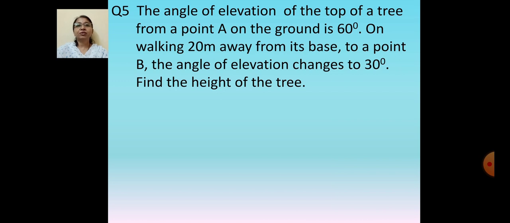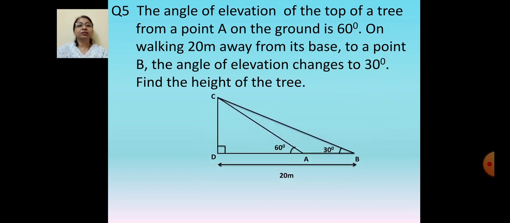Yes. So now we'll see some box type questions. The angle of elevation of the top of a tree from a point A on the ground is 60 degrees. Let's have a look at this diagram. CD is suppose that tree. Initially at point A, the angle of elevation on observing the top of the tree is 60 degrees.